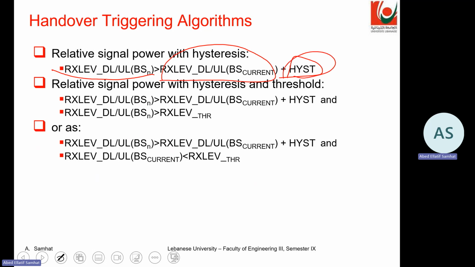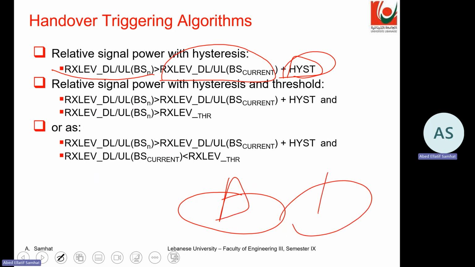So when you leave your current base station toward the best one, the signal here is decreasing to a certain level, but you will switch to the other one not just when the received power from this base station is greater, but when it's greater with a certain hysteresis, to avoid the ping pong effect.